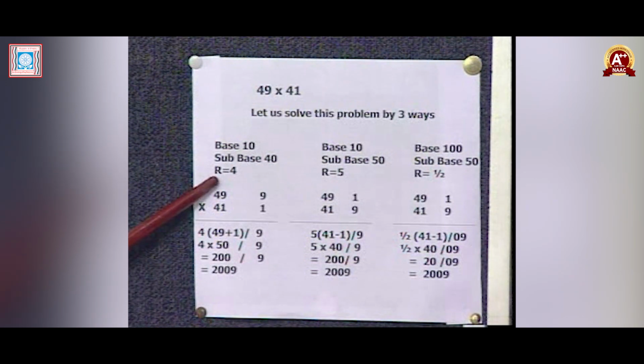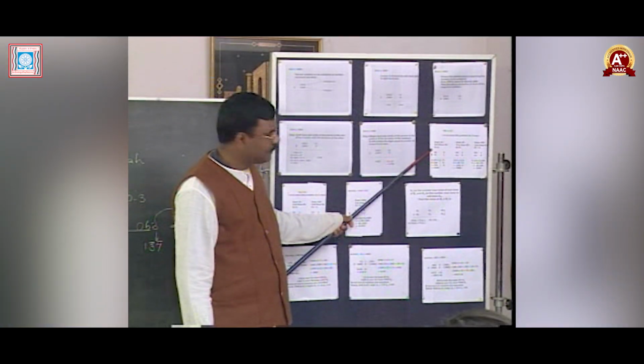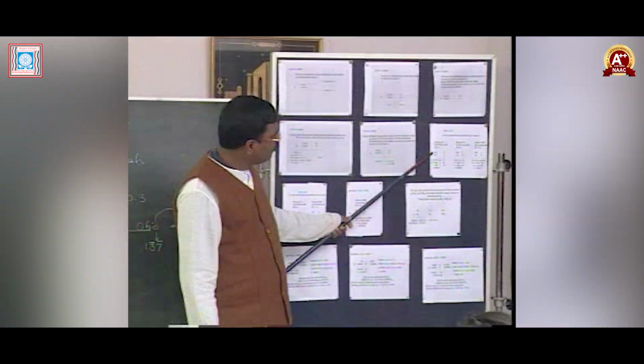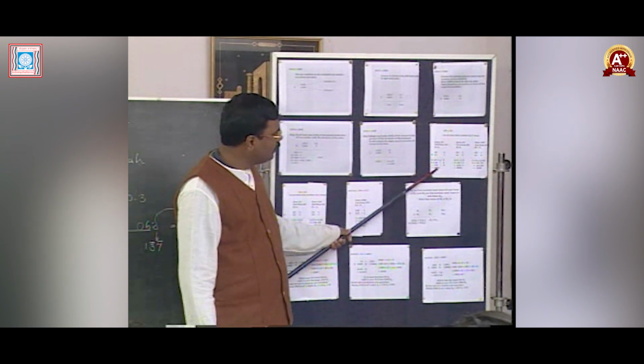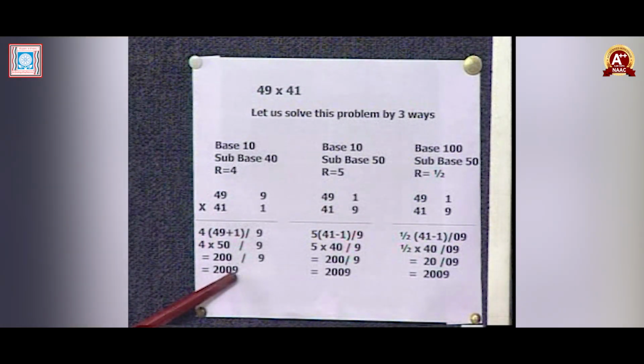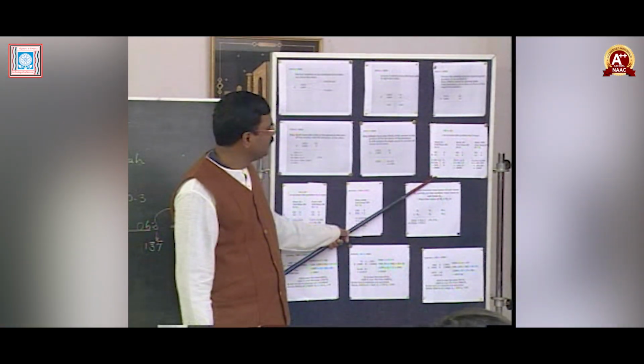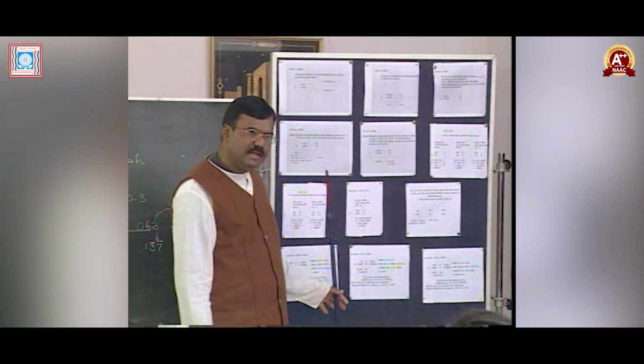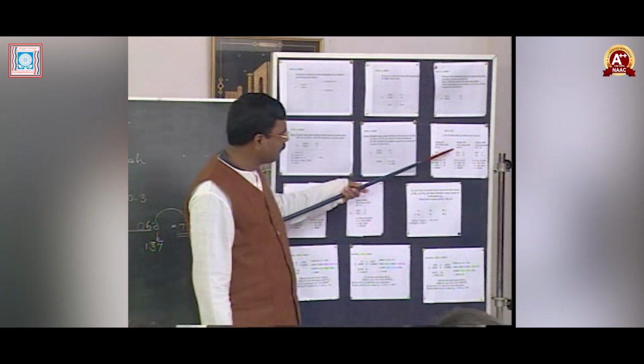Hence you have to multiply the left part of your answer by the ratio 4. Here 50 into 4 you will get 200. That means 49 multiplied by 41, you will get 200 in the left part, 9 in the right part. That means 2009.